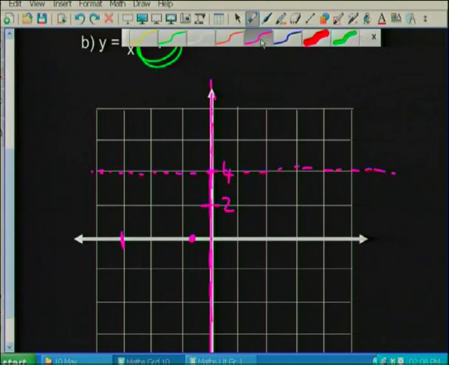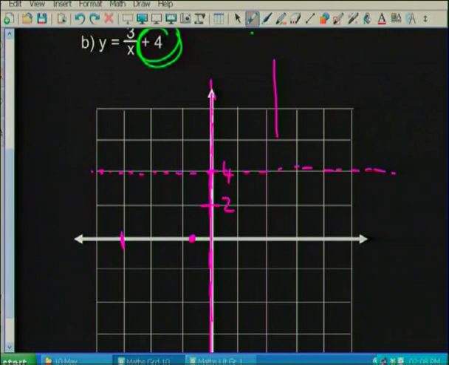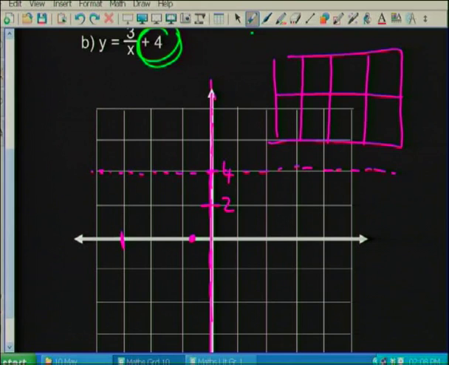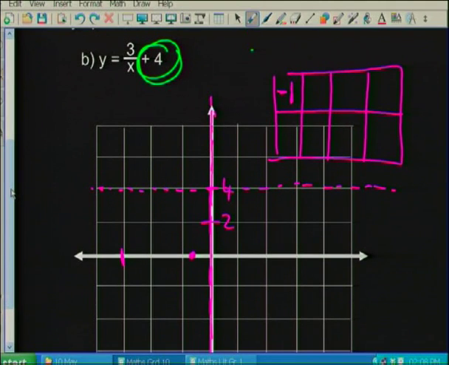Right, let's get on with drawing a table. Remember, guys, if you're doing a table, it does help, as I've said before, to use things that give me whole numbered answers. So I'm going to start off using x equal to minus 1. If I substitute x equal to minus 1 into this equation, I get 3 divided by minus 1 plus 4, which is 1.